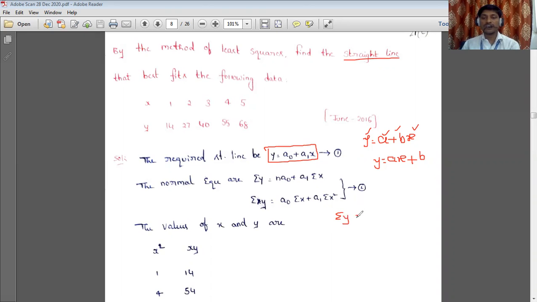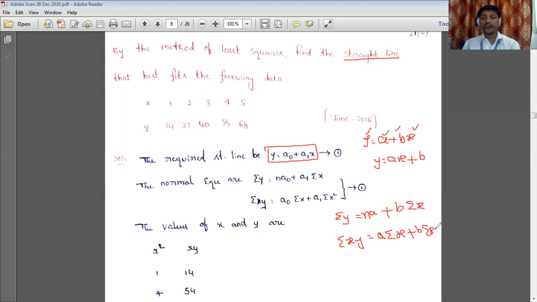Summation y is equal to, we just apply summation to the variables: b summation x, and for the constant, what we have there, we write n. Next, multiply each and every term with x: summation xy is equal to a summation x plus b summation x square. This is what we can write.